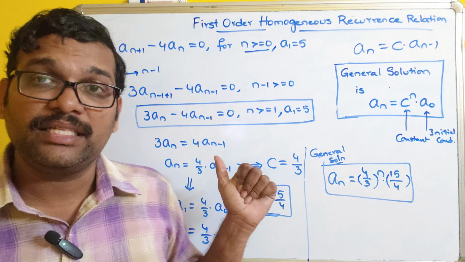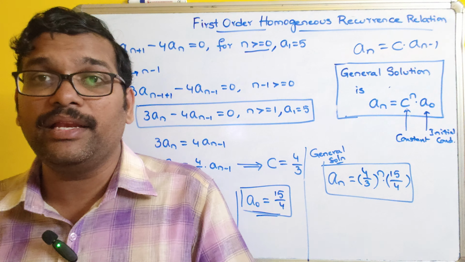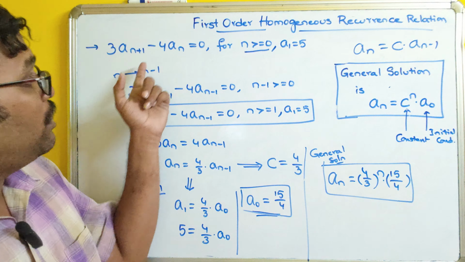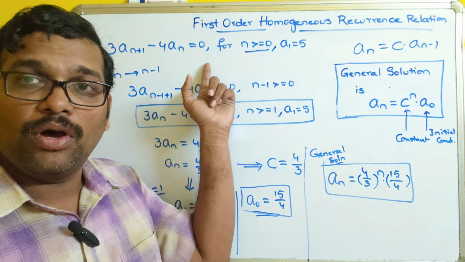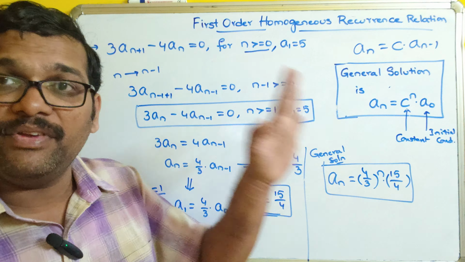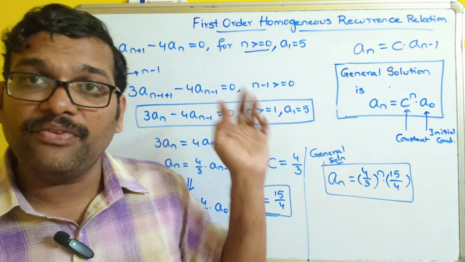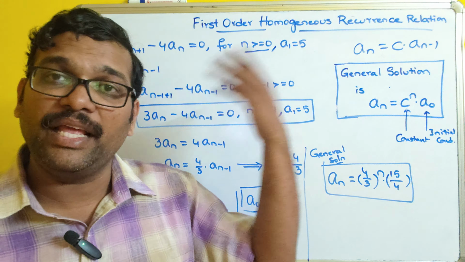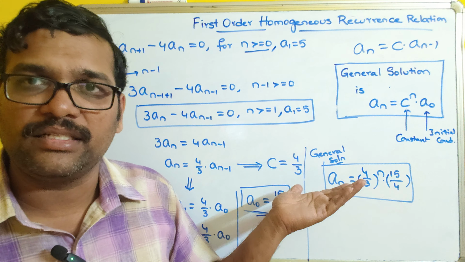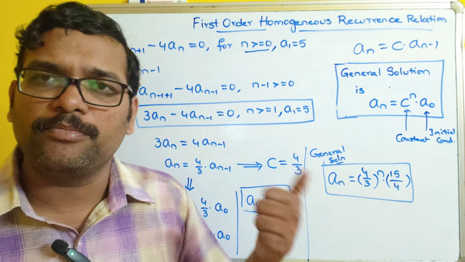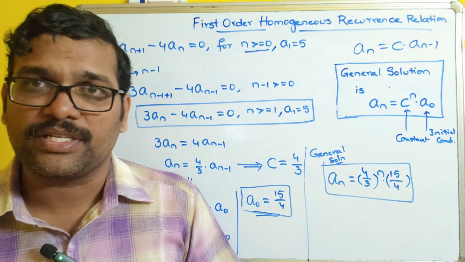If the recurrence relation has powers and multiples, then we call it non-linear. And there is no other constant; it depends only on the previous terms. So that's also homogeneous. If we have the equation with any other constants, then we can say it is a non-homogeneous recurrence relation. We'll solve all the cases in our coming sessions.